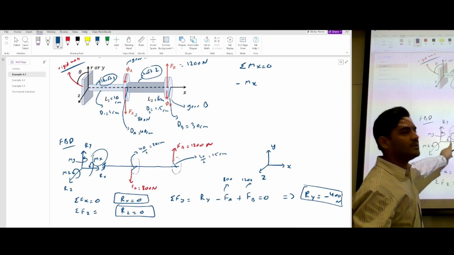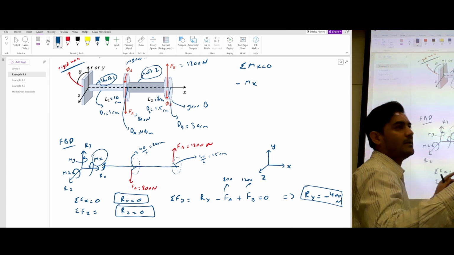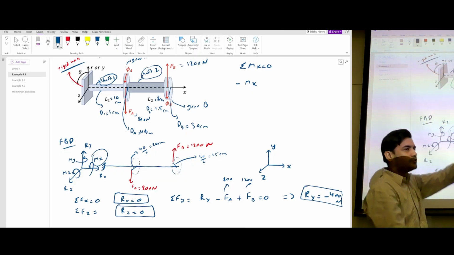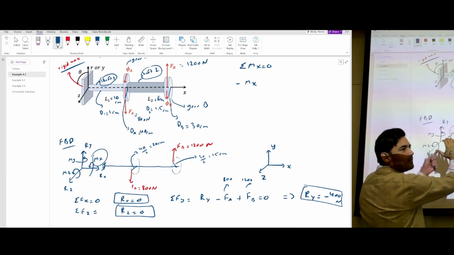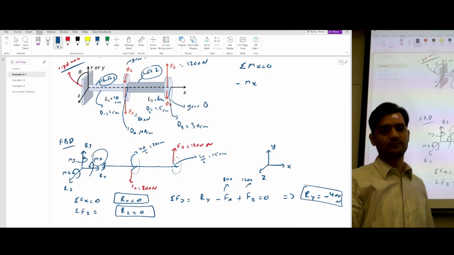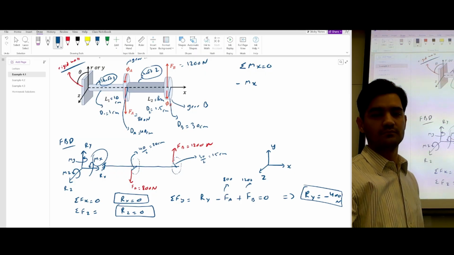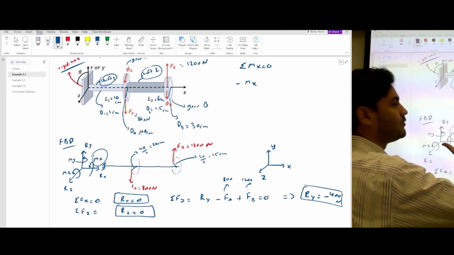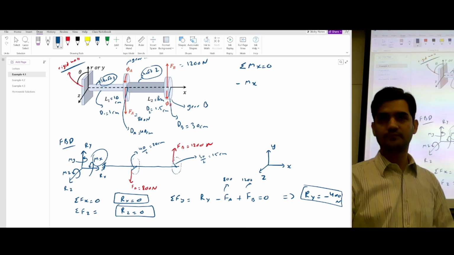But there's a nicer way to do it: we can put a double arrow, and then it's going to make it more clear. If you think the moment is this, then for sure it should be positive. But I feel like the moment is like this, so I'm going to put negative.